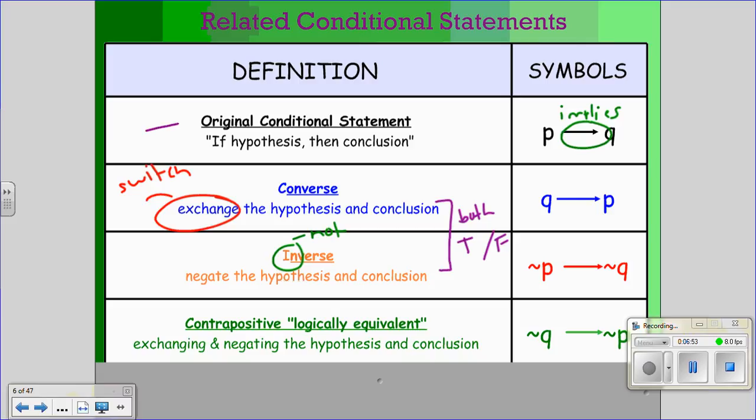And then the original statement and the contrapositive will have the same value as well, either both true or both false. And when that happens, it's because they are what we call logically equivalent. So the converse and the inverse are logically equivalent. The original and the contrapositive are also logically equivalent.